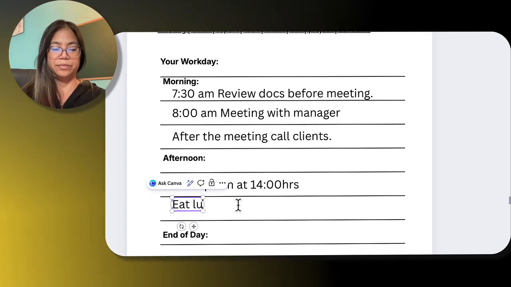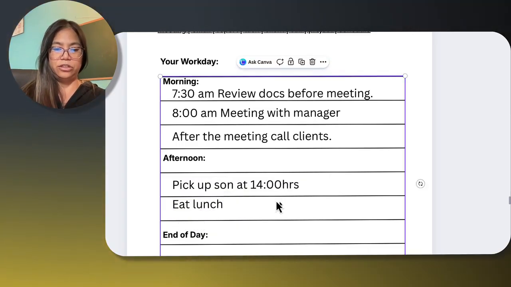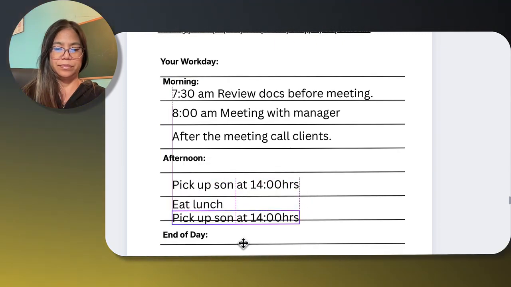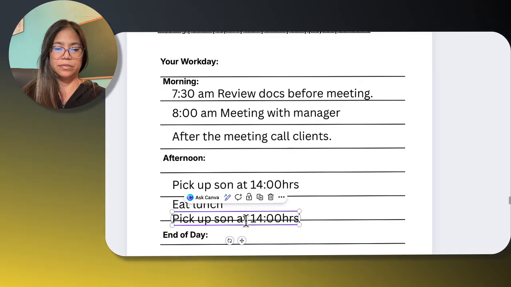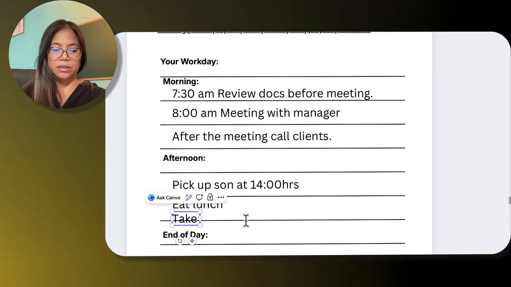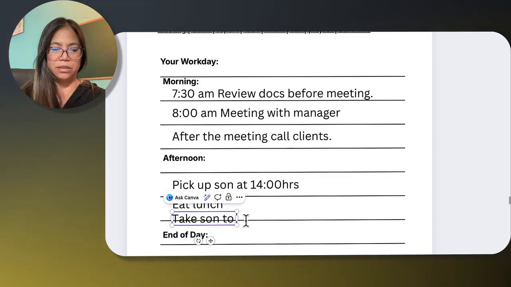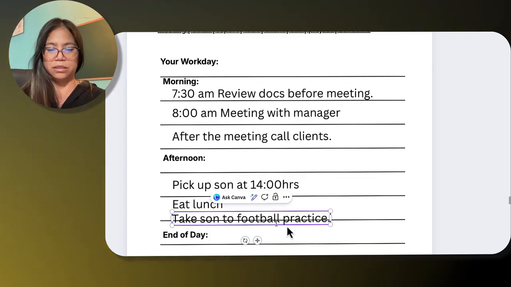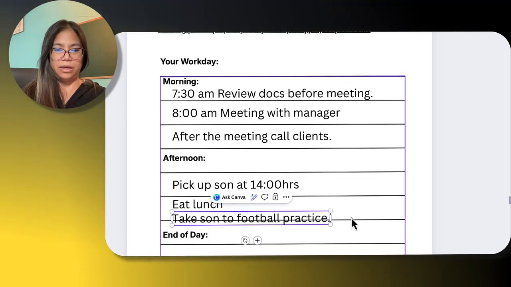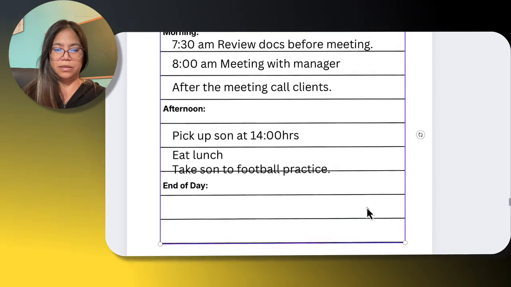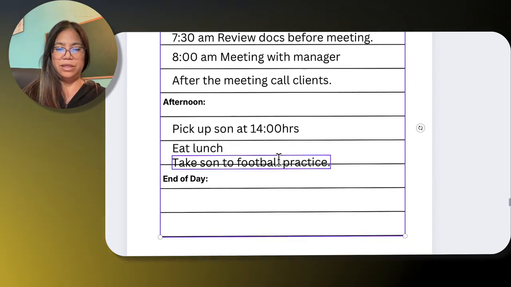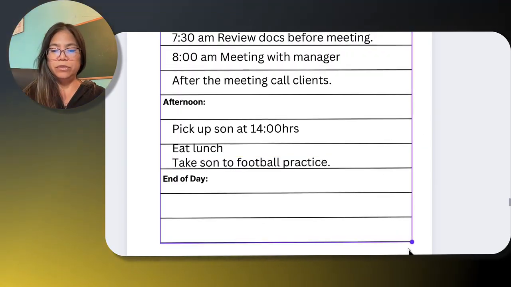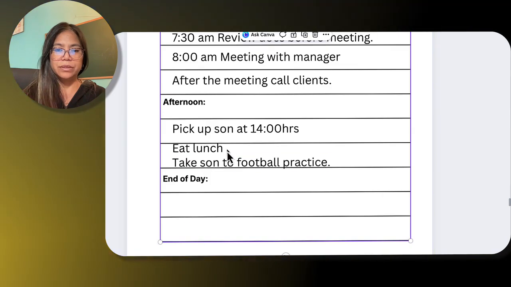Eat lunch. Next one. Take son to football practice. There we go. Okay. Do you see that? Football practice. Entreno de fútbol. Football practice. Entreno de fútbol. Sí. Okay.